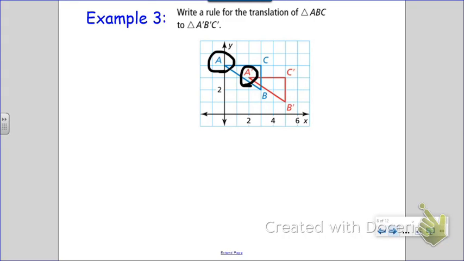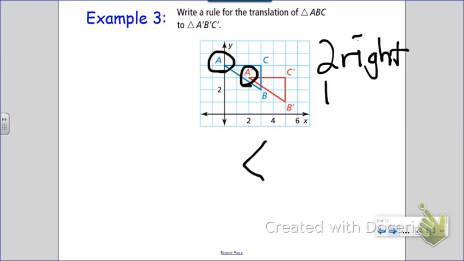We're moving 2 to the right, and 1 unit down. So my component form would be <2, 1>.